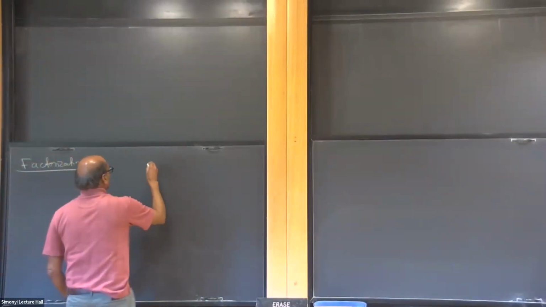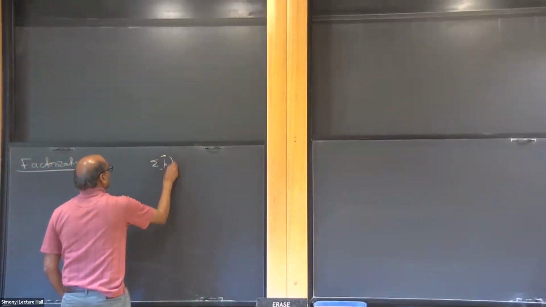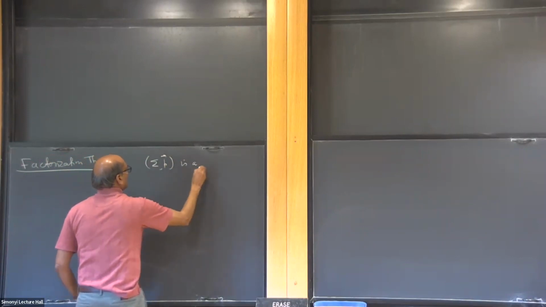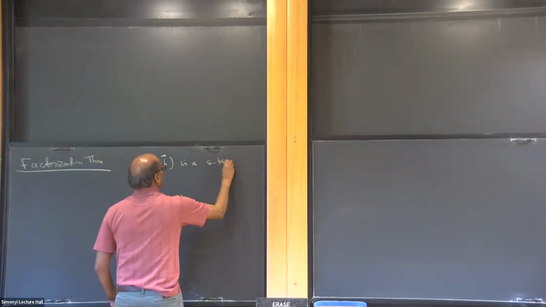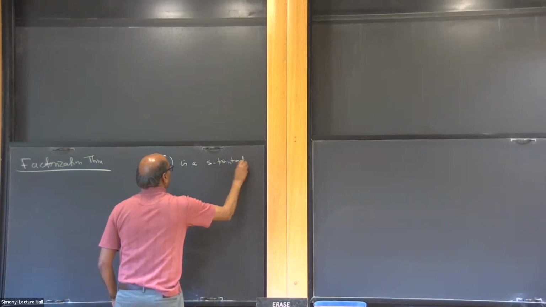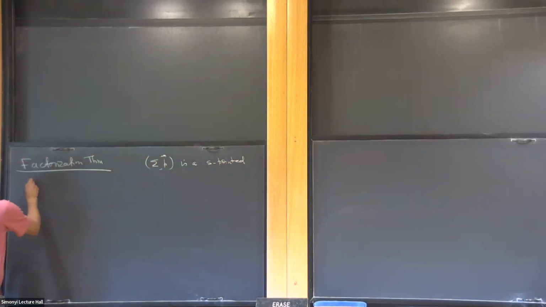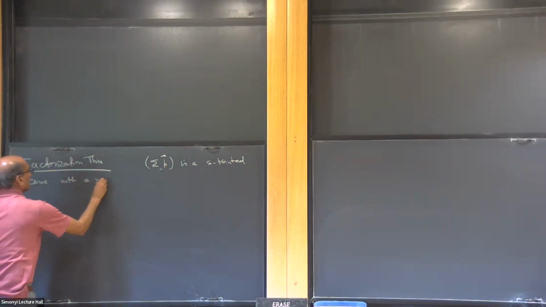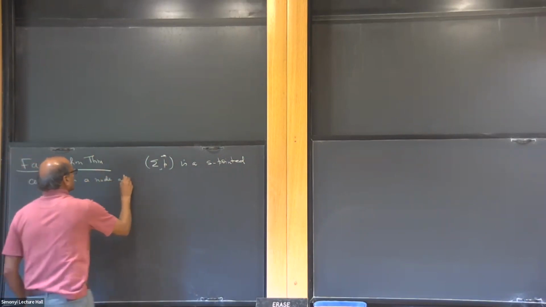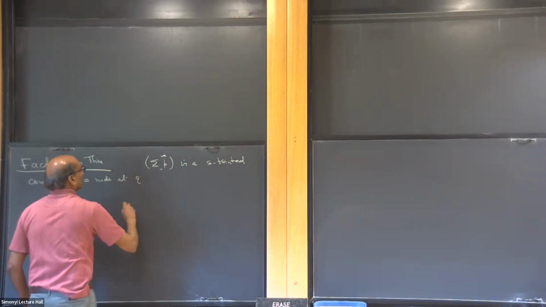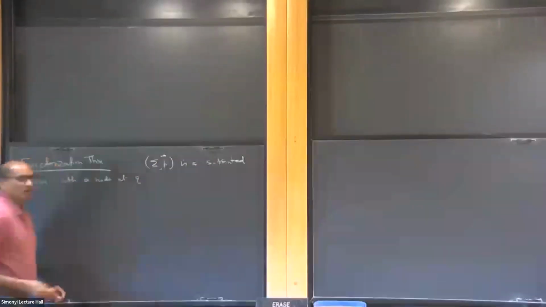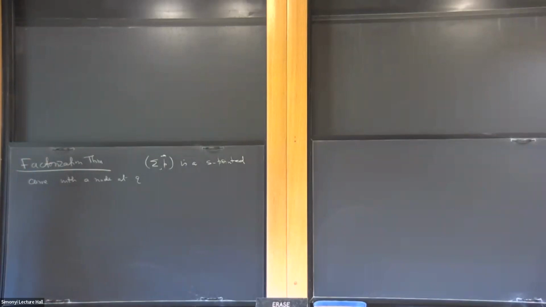So the setting is that Sigma, P is an S-pointed curve, as always, with a node at Q. Of course, Q cannot be one of those P's, because P's are supposed to be smooth.